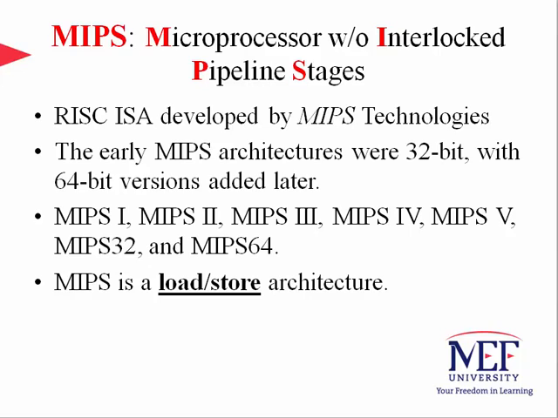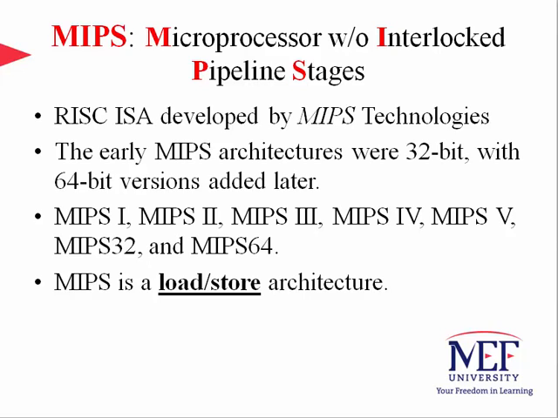So MIPS stands for microprocessor without interlocked pipeline stages. We haven't come to discussing pipelines yet, but when we talk about pipelines, we will see that they can be interlocked.